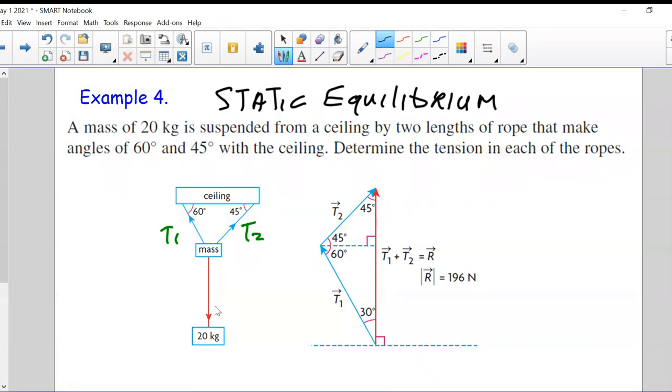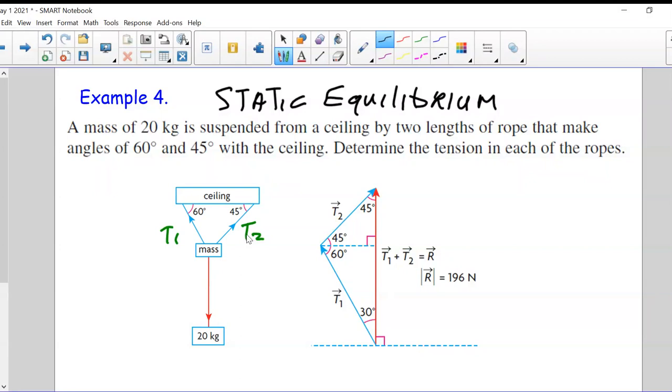So for instance, if I'm hanging this 20-kilogram weight using these two pieces of rope, and the weight is not too heavy, so it is not going to pop the ropes and fall to the ground, it means that you're in a state of static equilibrium. The mass that you're suspending from these two ropes is balanced by the tension you're creating in these two ropes. Hence, the weight is able to stay in place. That's basically what we mean by static equilibrium.